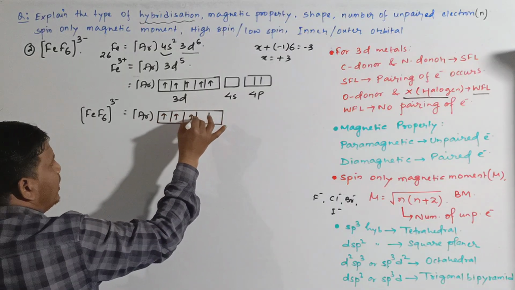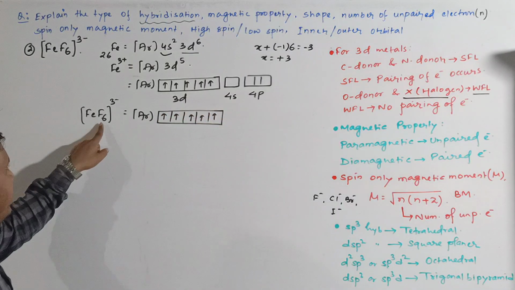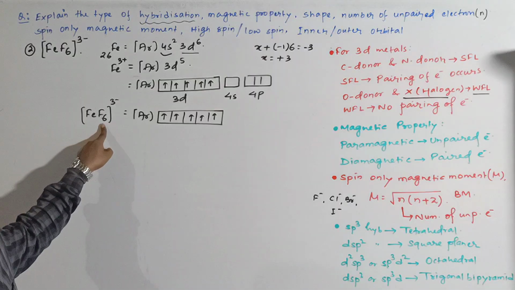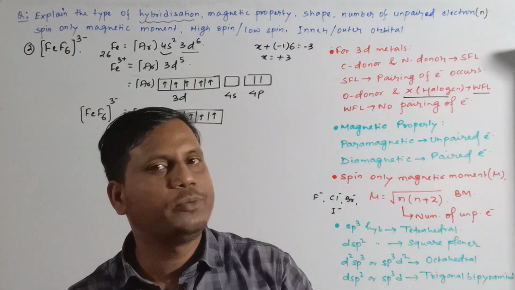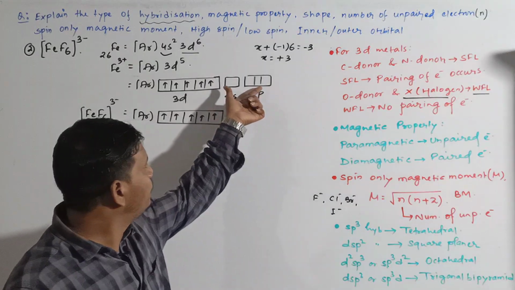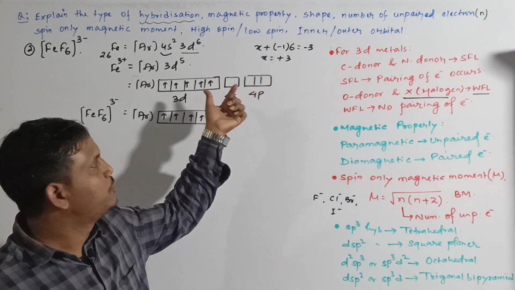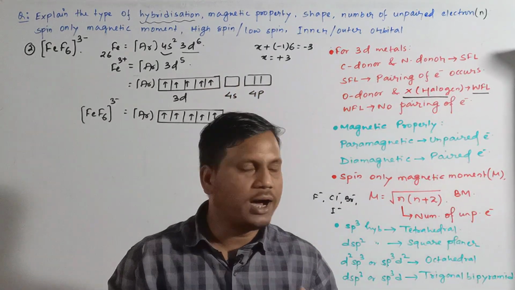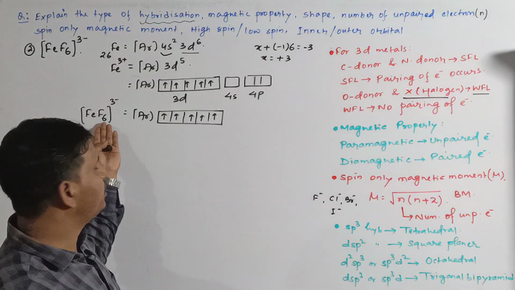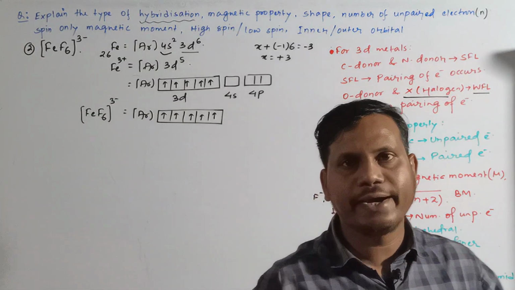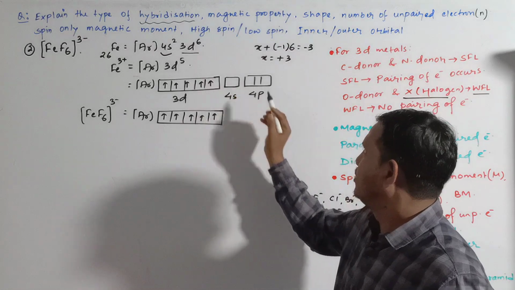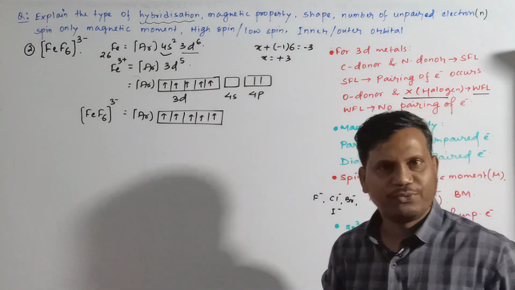So we have a total of 6 donor atoms from 6 fluoride ions. So we must have 6 vacant orbitals. But as of now we have only 4. So how can we fill these 6 electron pairs from the 6 fluoride ligands into the 4 orbitals? We cannot fill it up.